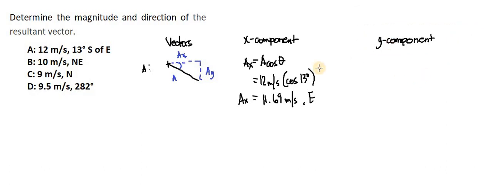So, let's have the y component. For the y component, we'll have here your a sub y. So, let's have your a sub y is equal to your a sine of theta. We'll have here your 12 meter per second multiply by sine 13 degrees.